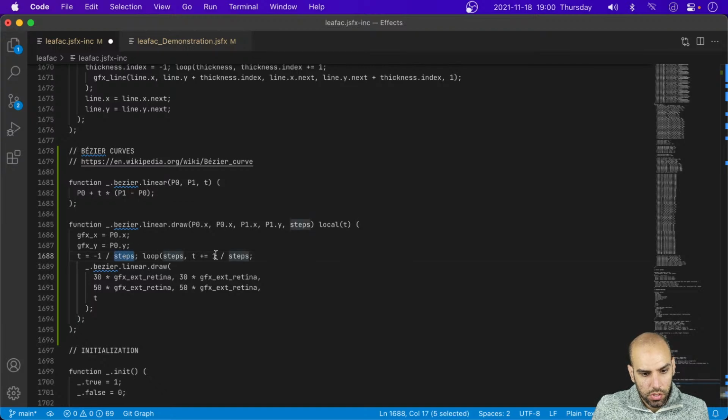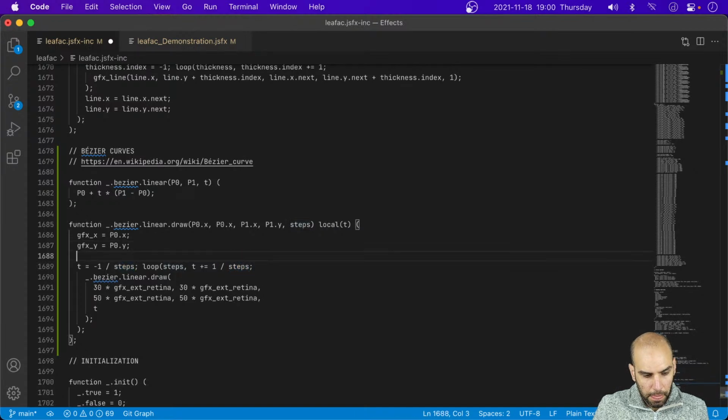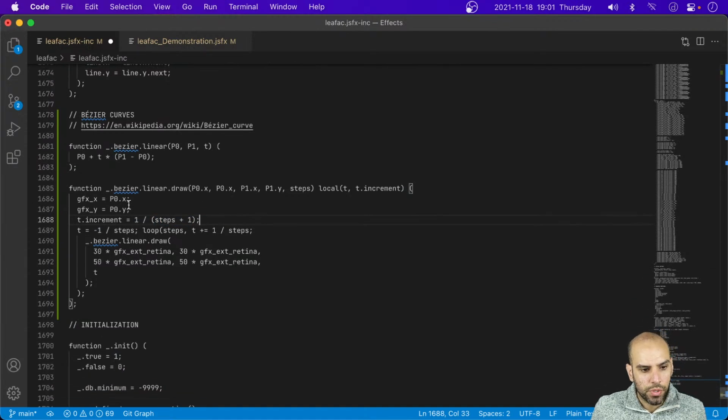In other words, I'm gonna say there will be a t increment variable, and t increment is equal to 1 over the number of steps plus 1, I think. It's always difficult for me to reason about these plus 1 situations. But at least I will be able to write something like this.